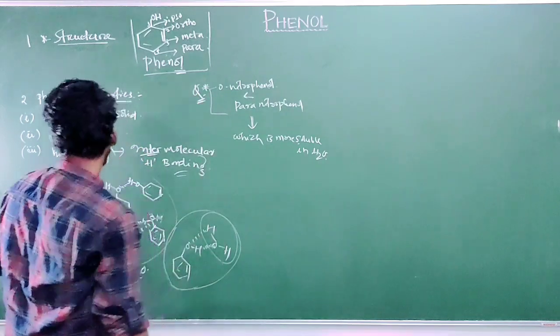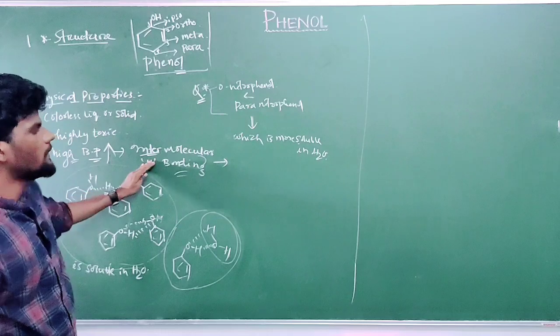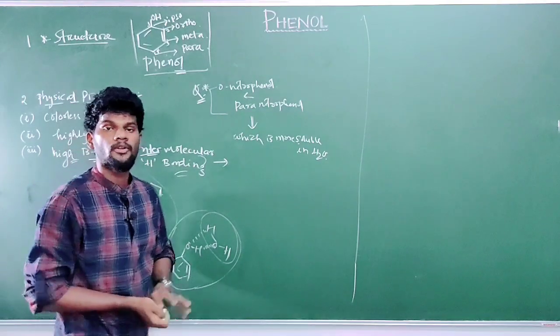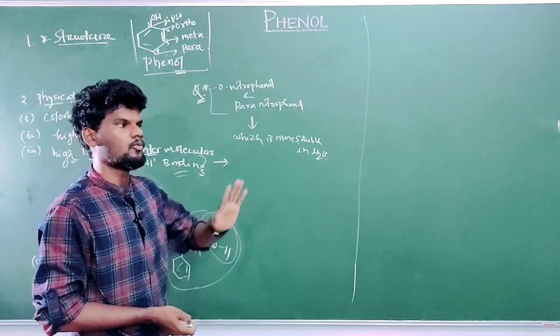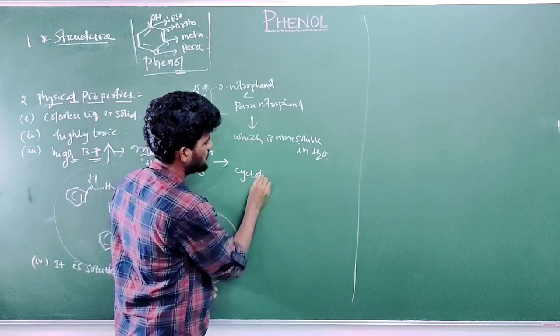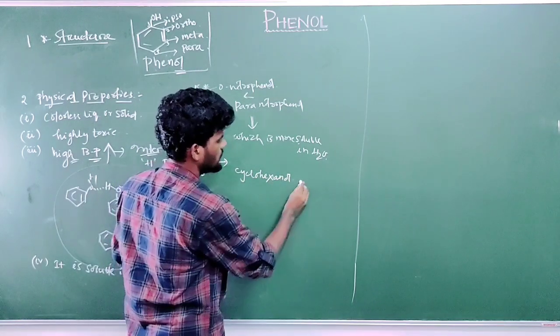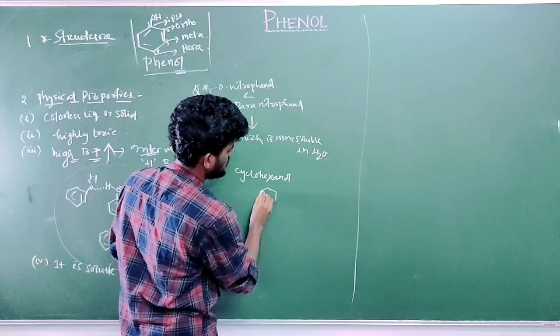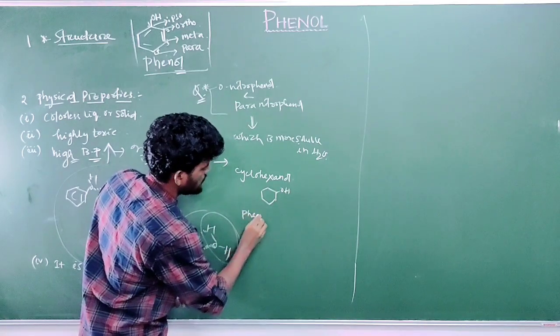Another thing I missed in boiling point: compare the boiling points of cyclohexanol and phenol. Both have almost the same molecular weight. Cyclohexanol is the non-aromatic structure, and phenol is aromatic.